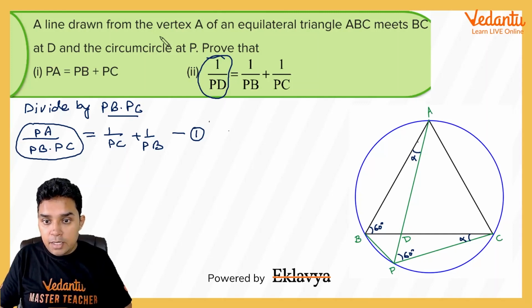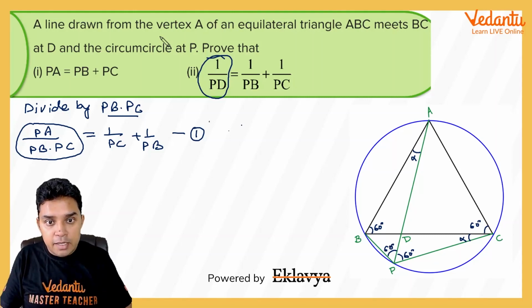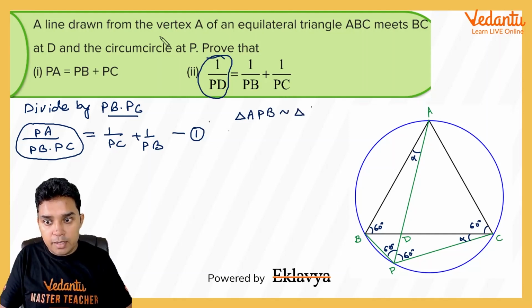Similarly, AB is subtending 60 degrees at C, so it is subtending 60 degrees at P also. So I think it can be seen that triangle APB is similar to triangle CPD.